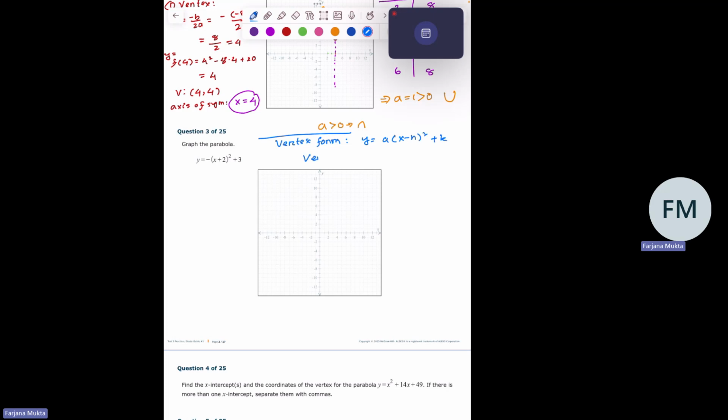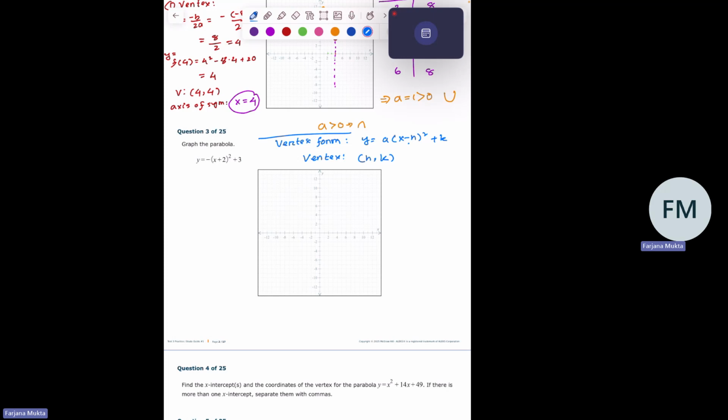And the vertex from the vertex form is (h, k). So in the formula we have a negative h, right? And h is the x-coordinate of the vertex. Now this is actually the vertex form.